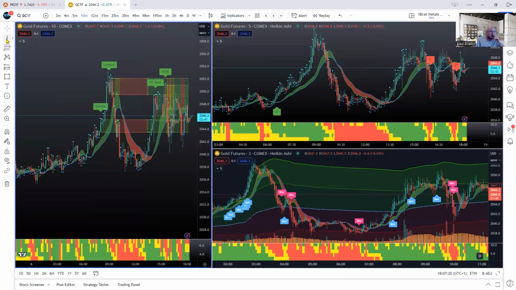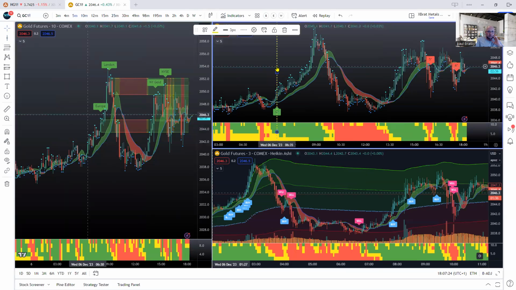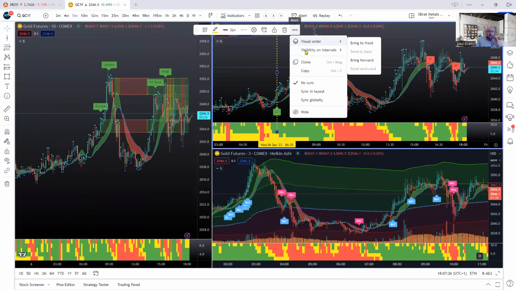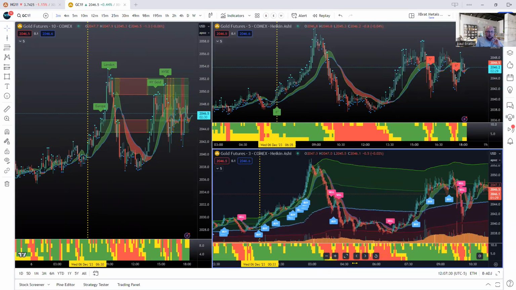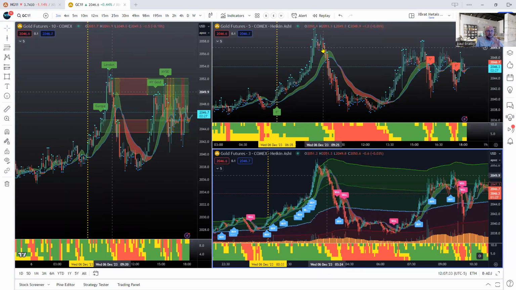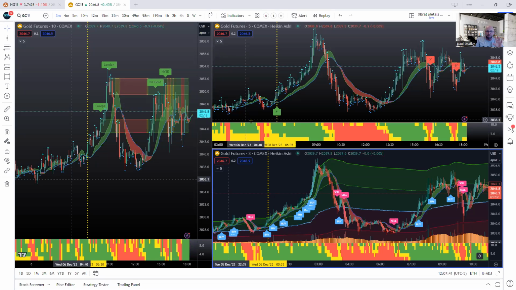I'm just going to highlight the way I do this, which is with vertical lines. I'm going to highlight this 6-star buy at this point here in yellow. I'm going to sync the layout so you can see exactly where that is on those other charts. Top right is the 5-minute xBrat algo. On the buy step heat map, I've got that on day trading because it's 5 minutes or above.